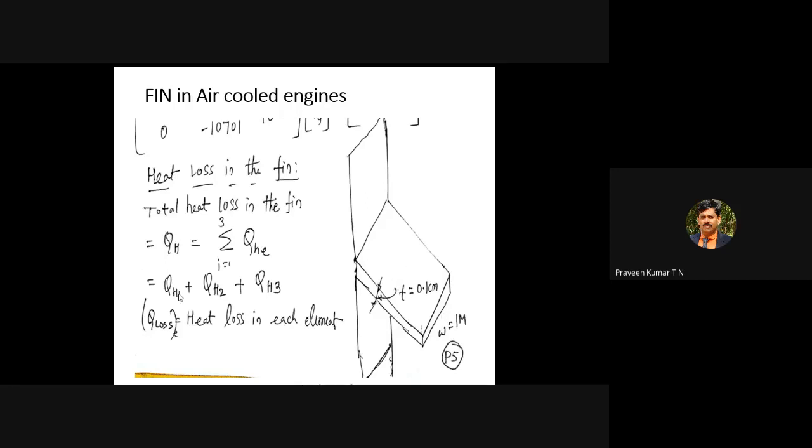How much heat is transferred in element 1? The fin is nothing but a small plate welded to the wall of the engine. We have divided the complete fin into three elements. The heat transferred to the surrounding medium by element 1 is given by Q1, by element 2 is Q2, and by element 3 is Q3.